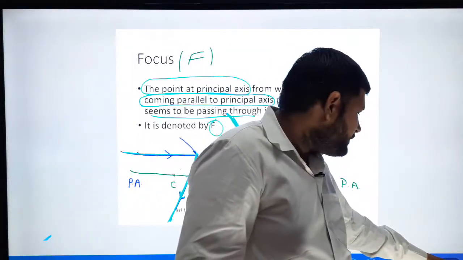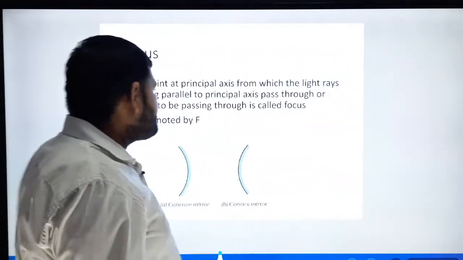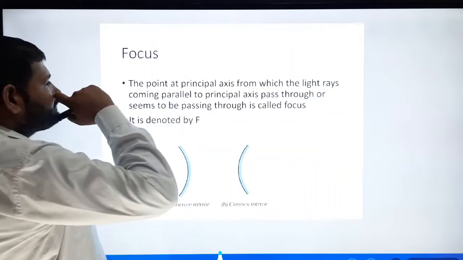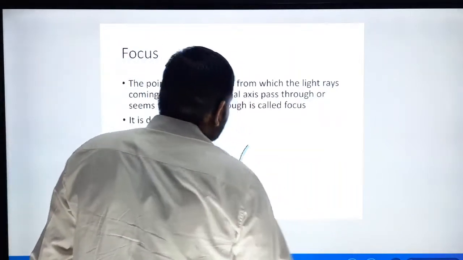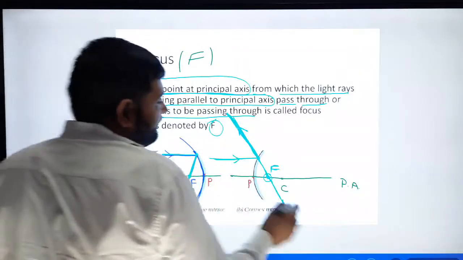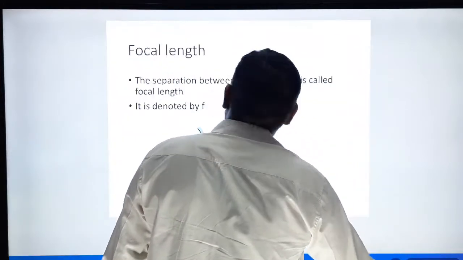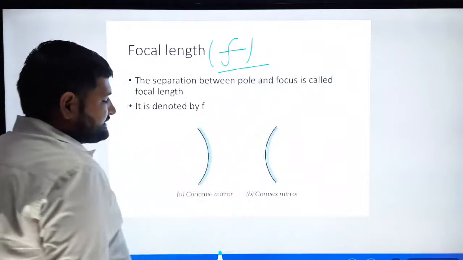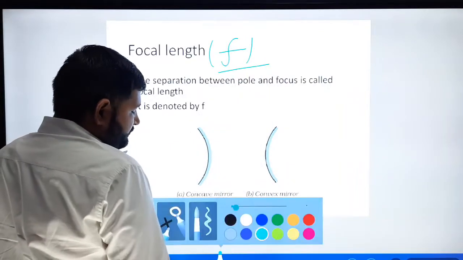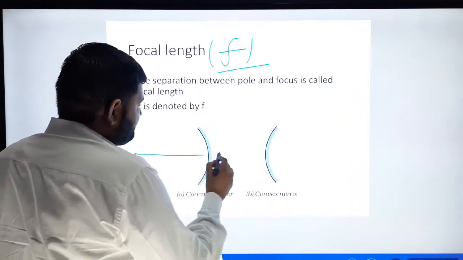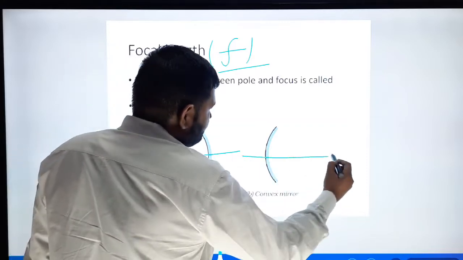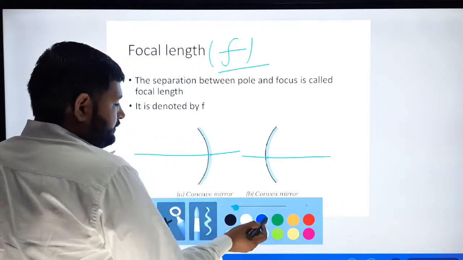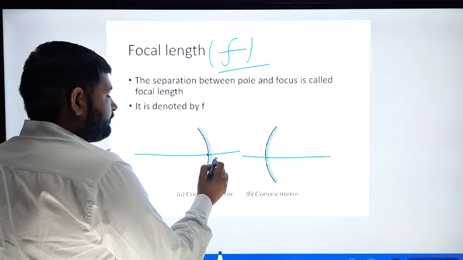Now let's move on to the next definition, which is focal length. We have to study about the focal length. The focal length is denoted by small f. So first, this is the principal axis. We will mark the pole.